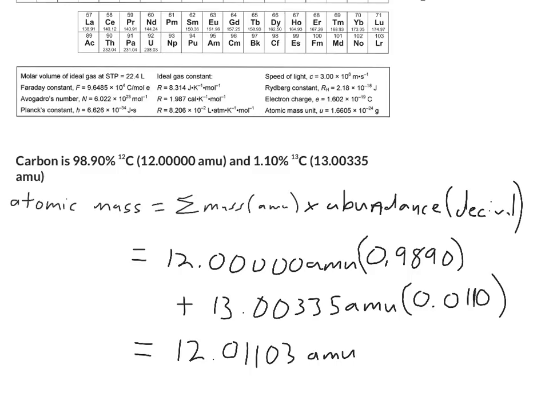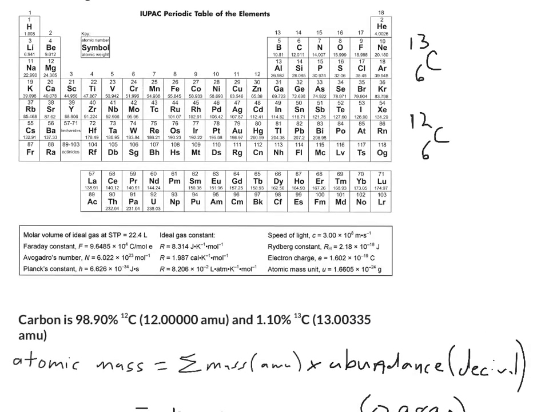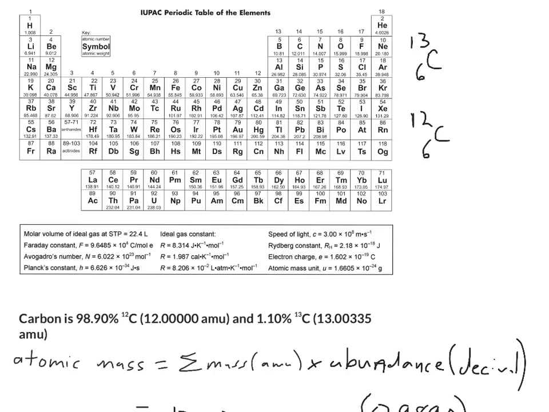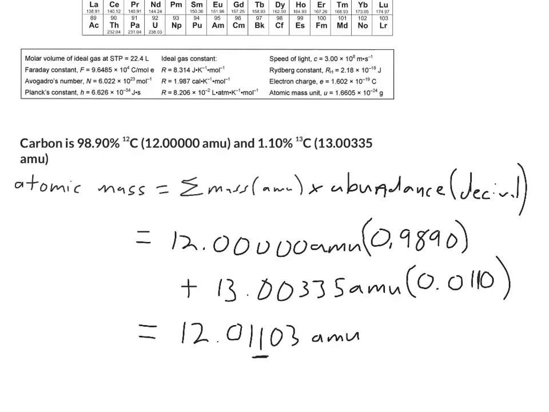But if you refer to the periodic table, the value for carbon's average atomic mass is 12.011. And that's what's calculated. The atomic mass is the weighted average of all the stable isotopes for that element.